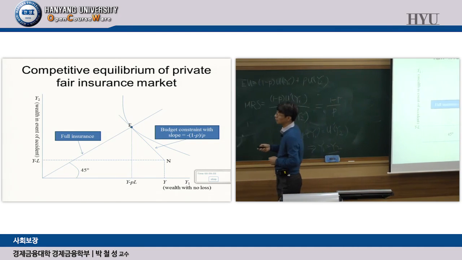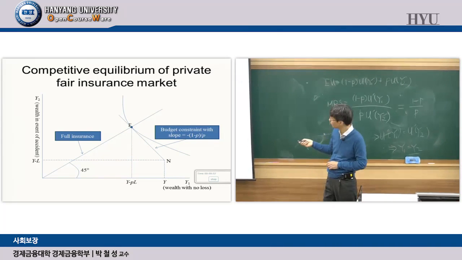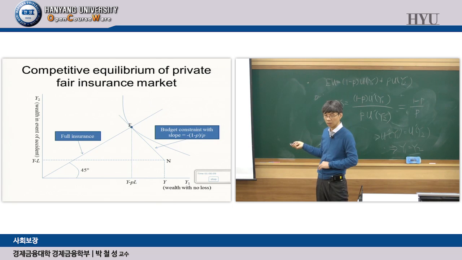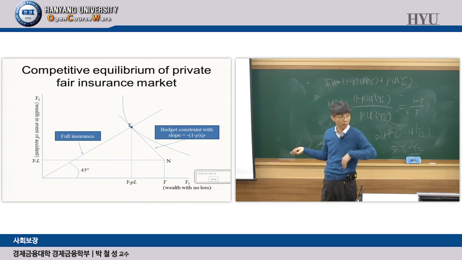Get that? That's how you get point F. You will get the full insurance. So a simple risk-averse individual will get the maximum insurance and will not bear any risk.